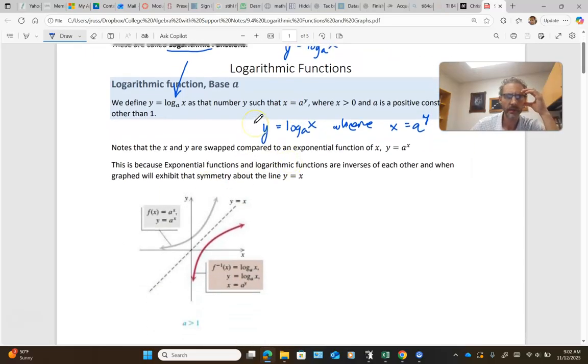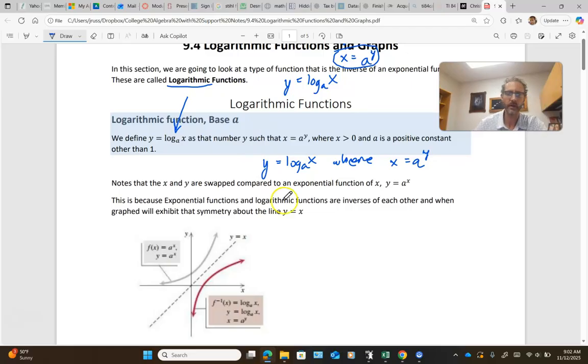But real quickly, I'll give you an example here. Think about 2 to the 4th power. 2 to the 4th power is 16. So with an exponential function, this would be like our x, and this would be like our y. Well, with a logarithmic function, the base is still going to be 2, but instead of plugging 4 in for x, you'll be plugging 16 in. So you have log base 2 of 16, and that is equal to 4.